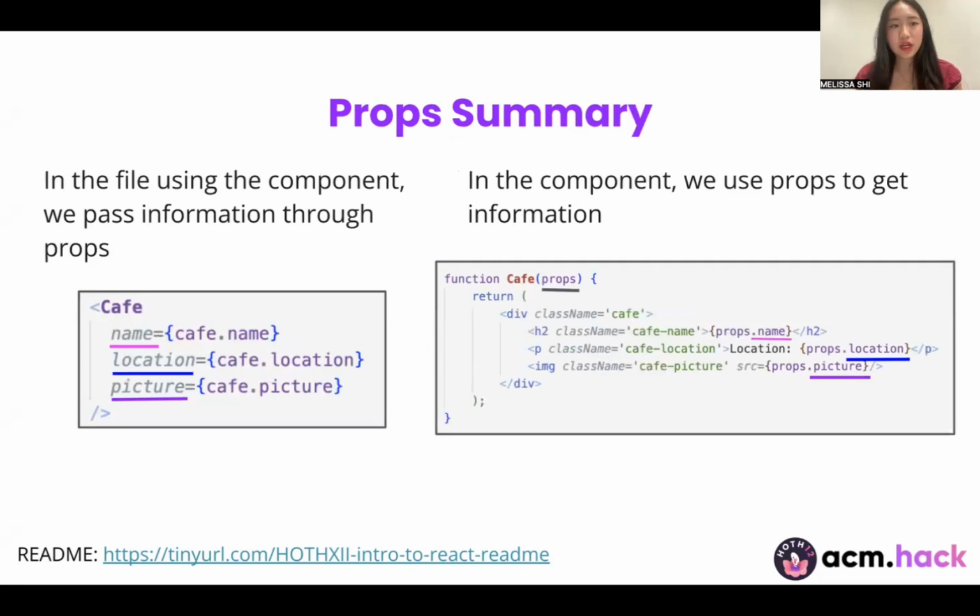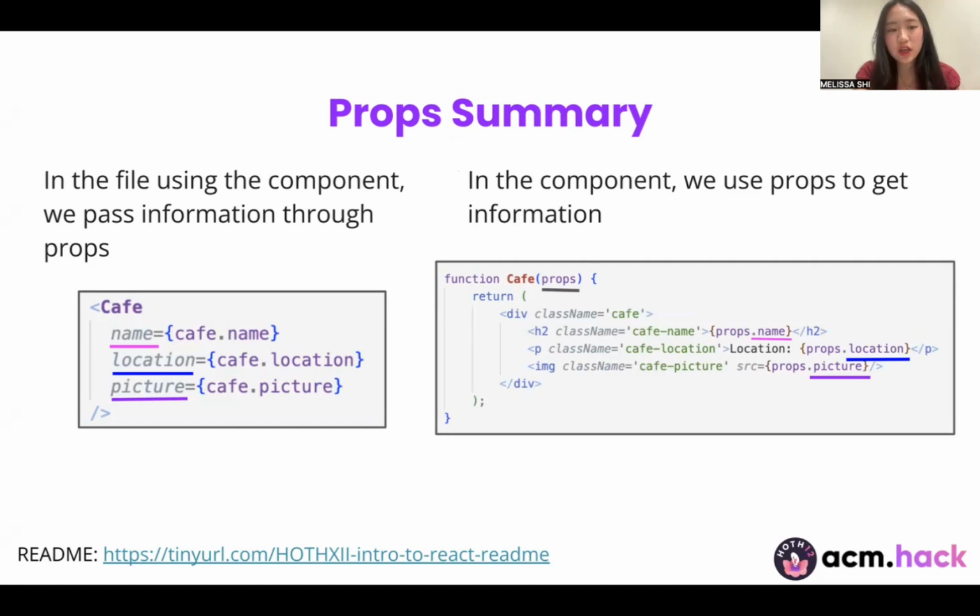So, props summary. In the file using the component, we will pass information through props. As you can see, the pink underline, the name, is what we're passing through to the component. And in the component, we are using props.name to take that information and display it on the screen.